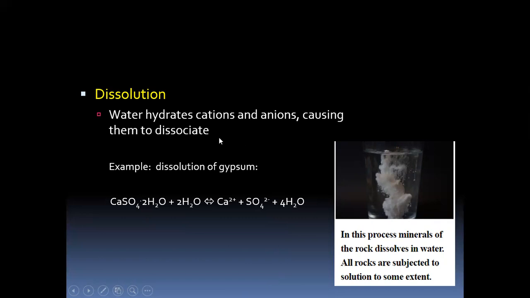For example, when gypsum dissolves in water, it dissociates into its cation and anion form, into calcium and sulfate. And through this dissociation, the minerals are broken down, making them weaker.